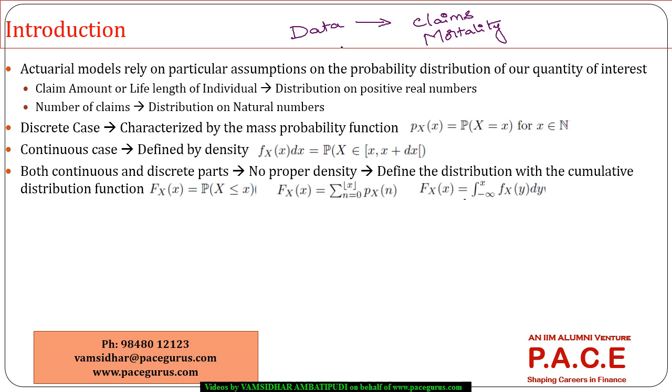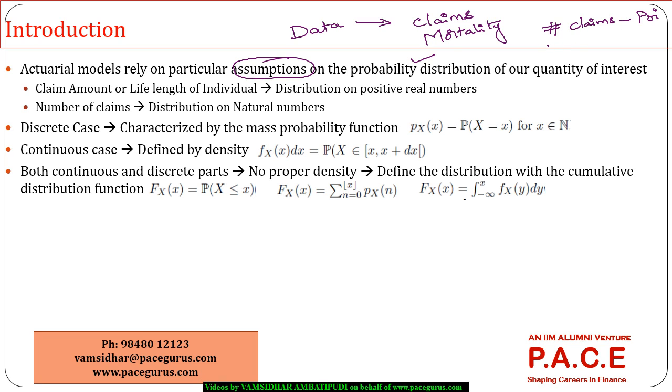The data that we are considering has some level of assumption regarding the probability distribution. When I'm talking about the number of claims, there is some assumption that it follows a Poisson distribution.